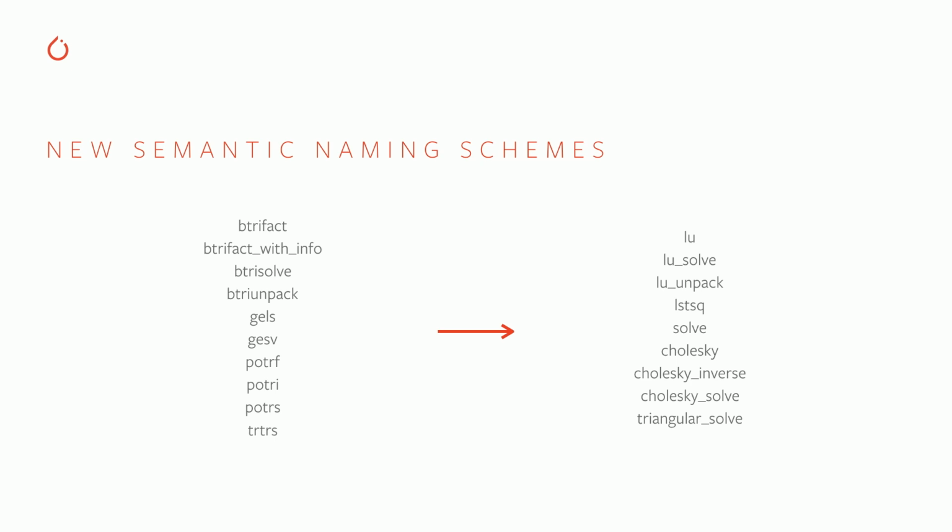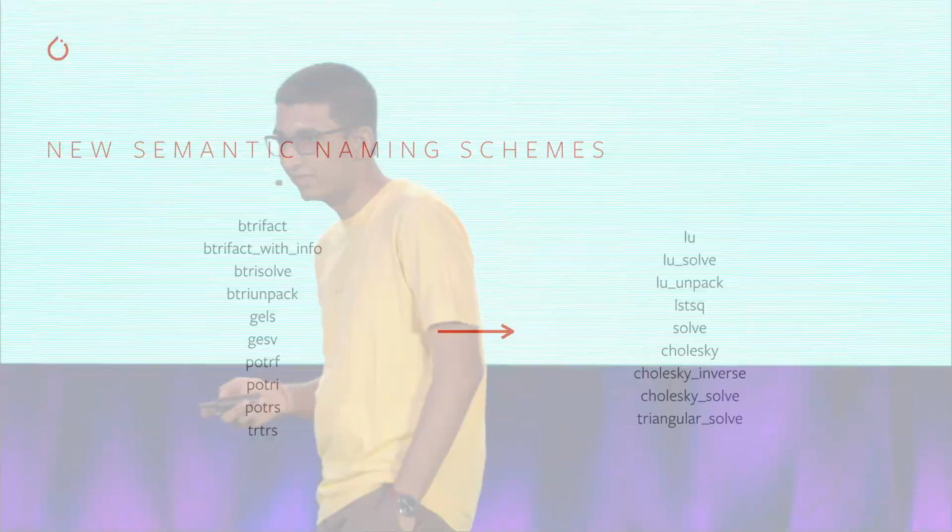But when you're talking about PyTorch in conversation, you can't really go and tell, hey, I did TRTRS on a triangular matrix with another big batch of matrices, right? It's better if you say something like triangular solve. I performed a triangular solve on a triangular matrix with a right-hand side matrix. So we have new semantic naming schemes for multiple operations.